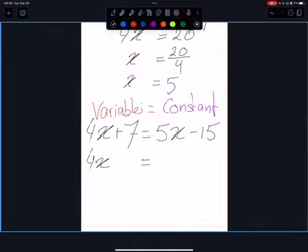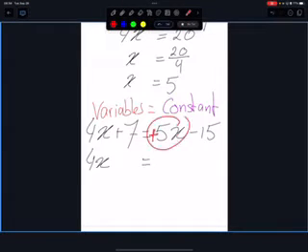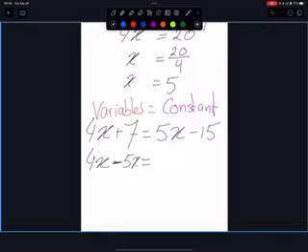So here, it is positive. So when I move over the equal sign, it becomes negative. Correct. Here I have minus 15x. Sorry, minus 15. I have positive 7 that has to go to the other side. Correct. That becomes minus 7.